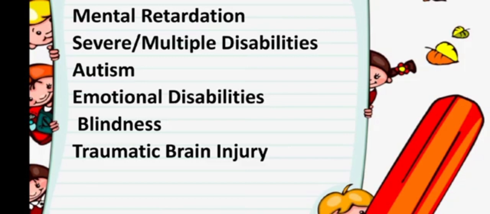Autism spectrum disorder or ASD. Ito yung developmental disability caused by differences in the brain. So, yung tao na may ASD is often nagkakaroon sila ng problem sa social communication and interaction and restricted or repetitive behaviors and interests.